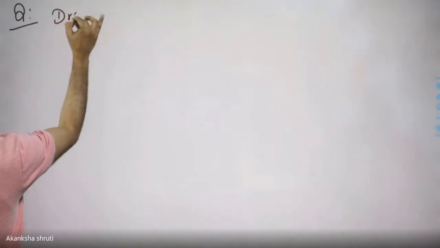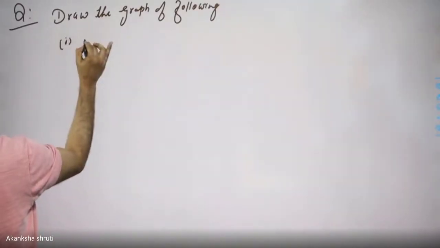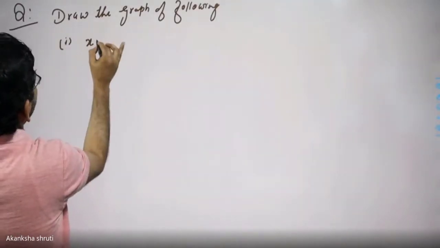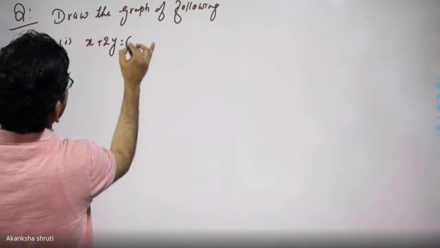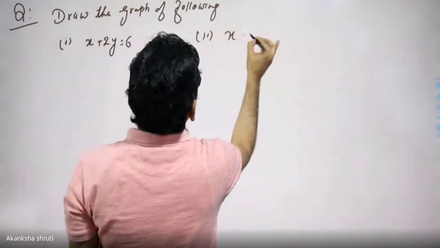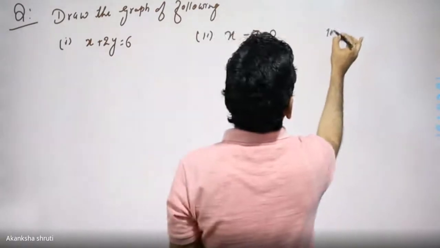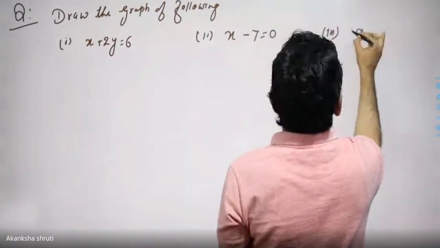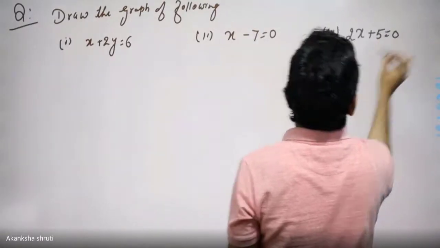Draw the graph of the following. Students, the first one that we have learned, say x plus 2y equals 6. Second one, x minus 7 equals 0. The third one, 2x plus 5 equals 0.